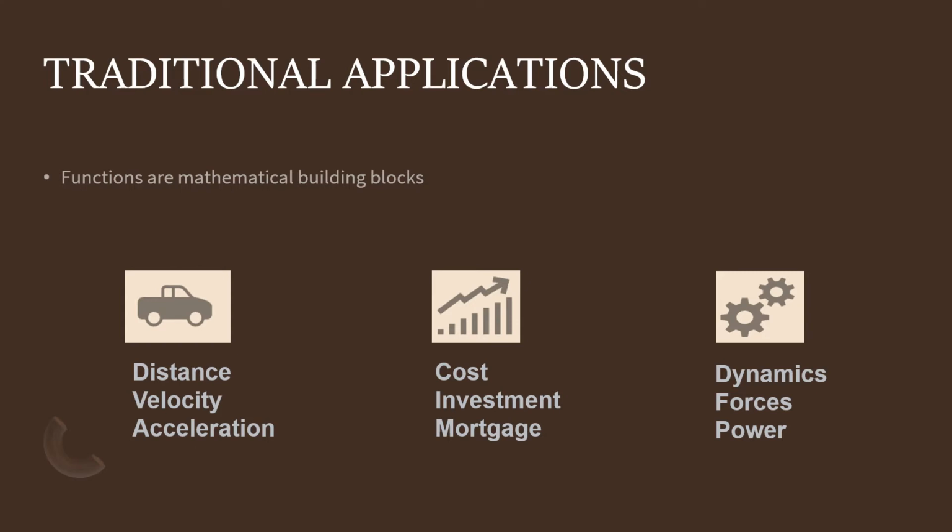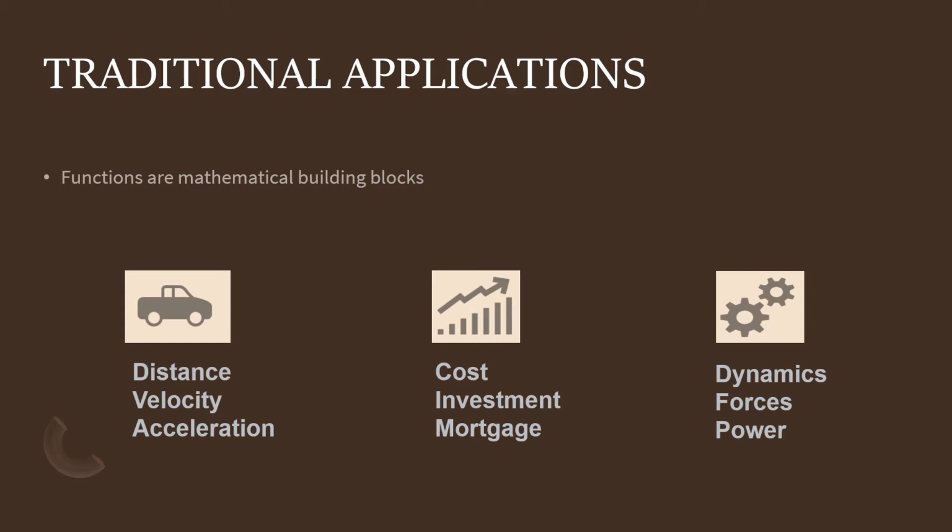Because we continually make theories about dependencies between quantities in nature and society, functions are essential tools in constructing mathematical models. As an engineer, we normally see continuous functions such as the distance, the velocity, or acceleration of a car or of a vehicle.